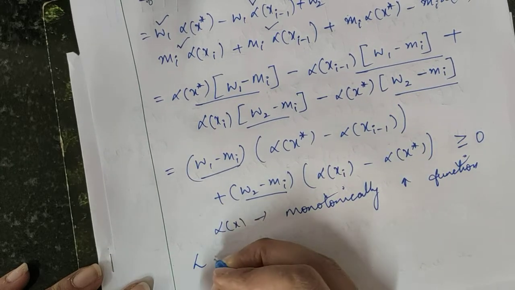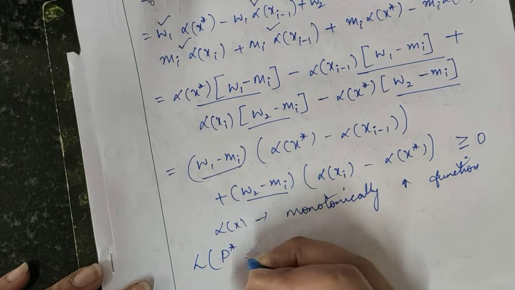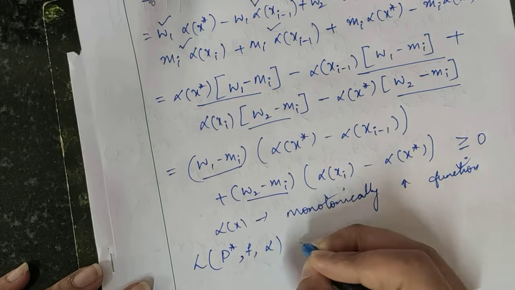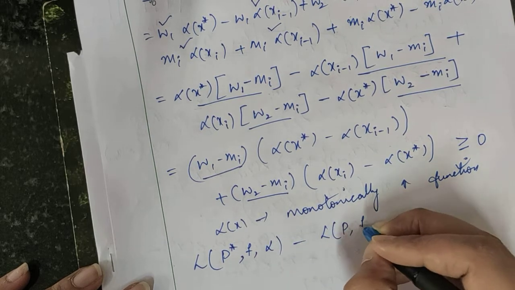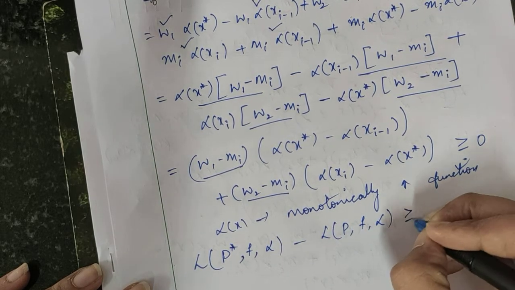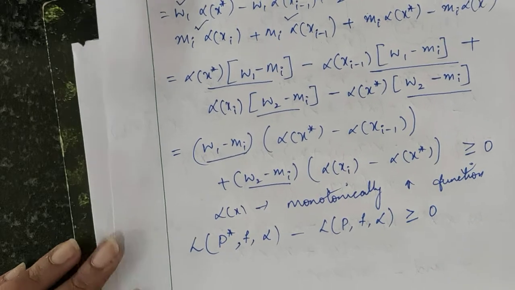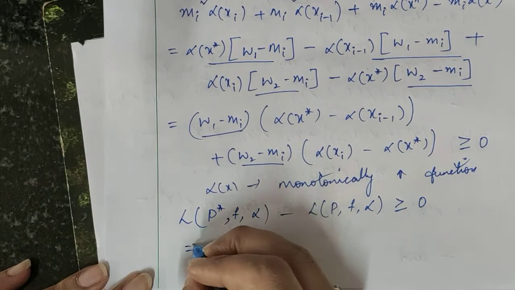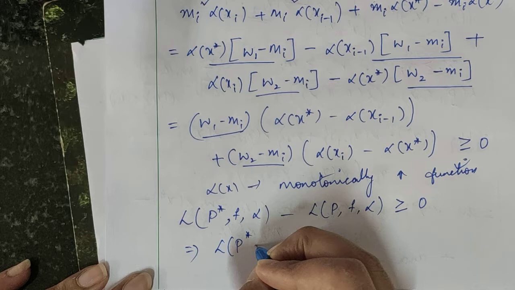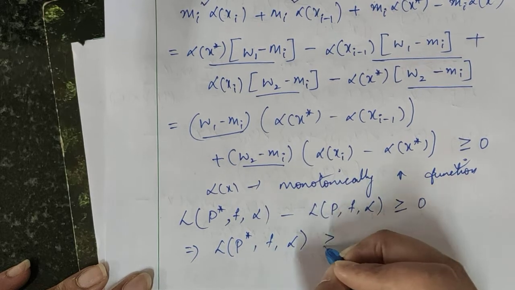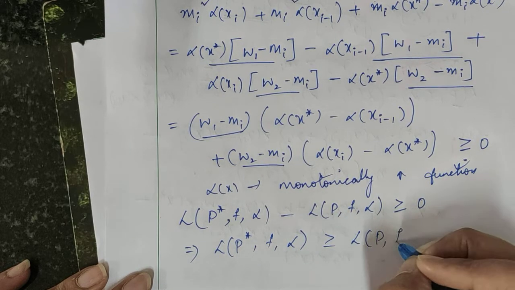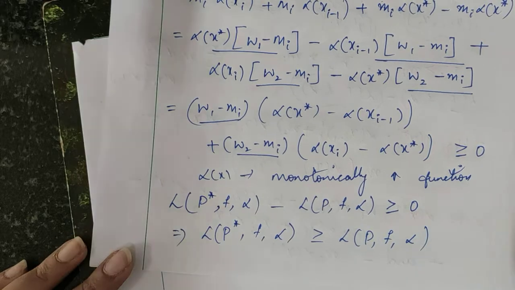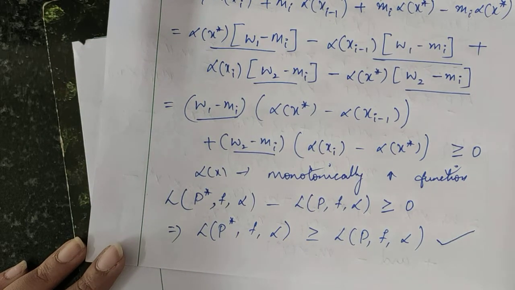That means I can write my LHS part, that is L of p star comma f comma alpha minus L of p comma f comma alpha, this whole thing is greater than or equal to 0, which is nothing but L of p star comma f comma alpha is greater than or equal to L of p comma f comma alpha. This is nothing but my inequality 1.